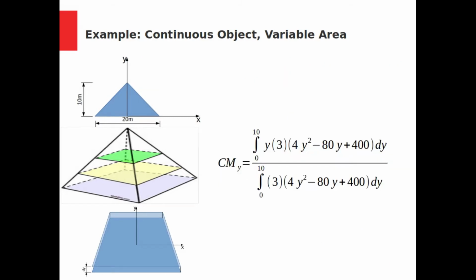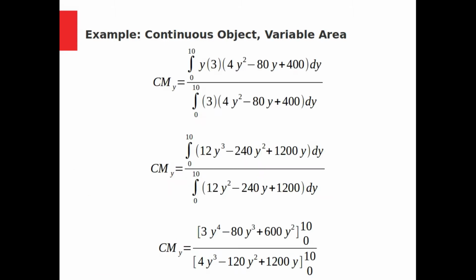First, we will plug in all the information that is known. The density is known, as is the area as a function of y. We then multiply all the terms to determine what the integrands are. Simplifying, we get the integrands shown in the middle equation.